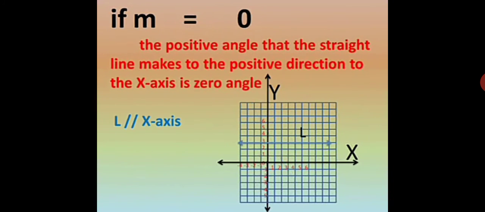If m equals 0, then the positive angle that the straight line makes with the positive direction of the x-axis is a zero angle, which means that the straight line L is parallel to the x-axis. And here, the slope m equals y2 minus y1 over x2 minus x1.